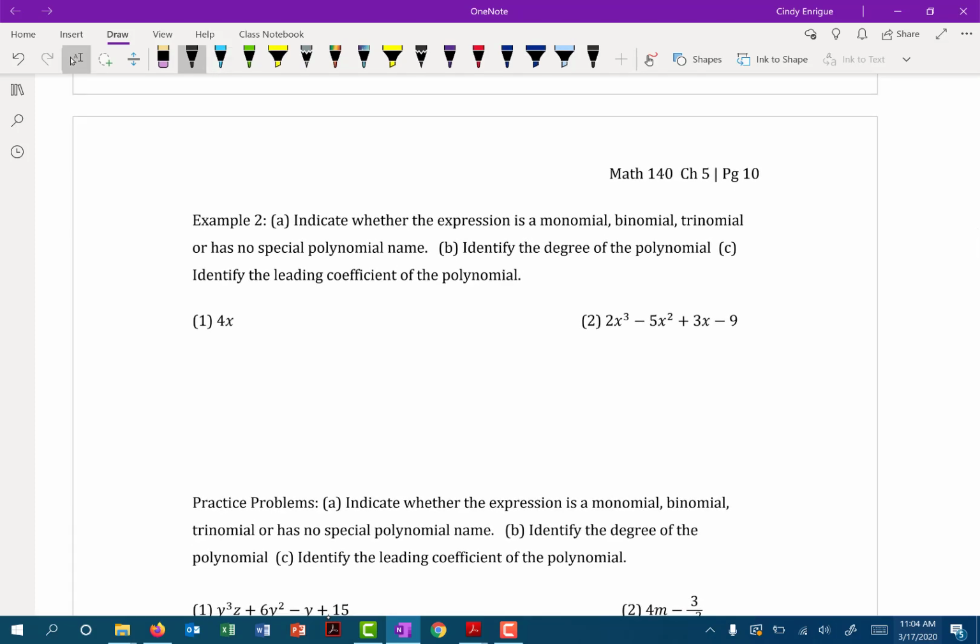Now for example number 2, it says indicate whether the expression is a monomial, binomial, trinomial, or no special polynomial name. Identify the degree of the polynomial, and identify the leading coefficient of the polynomial.